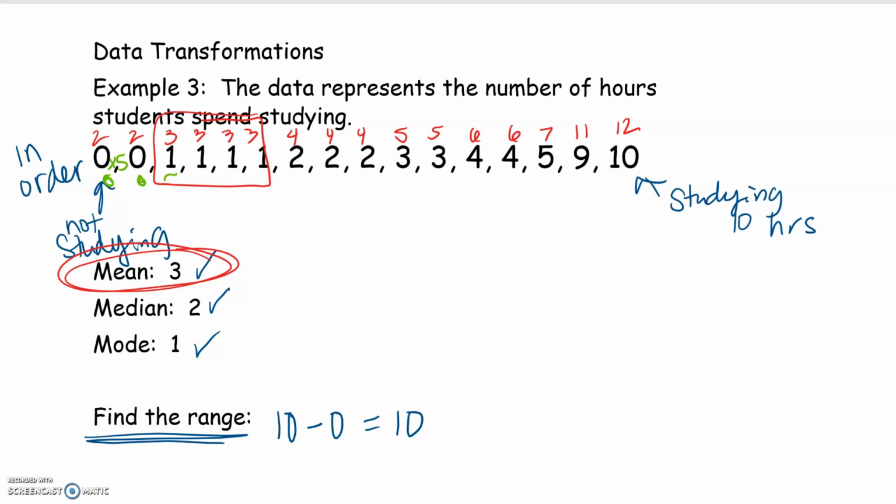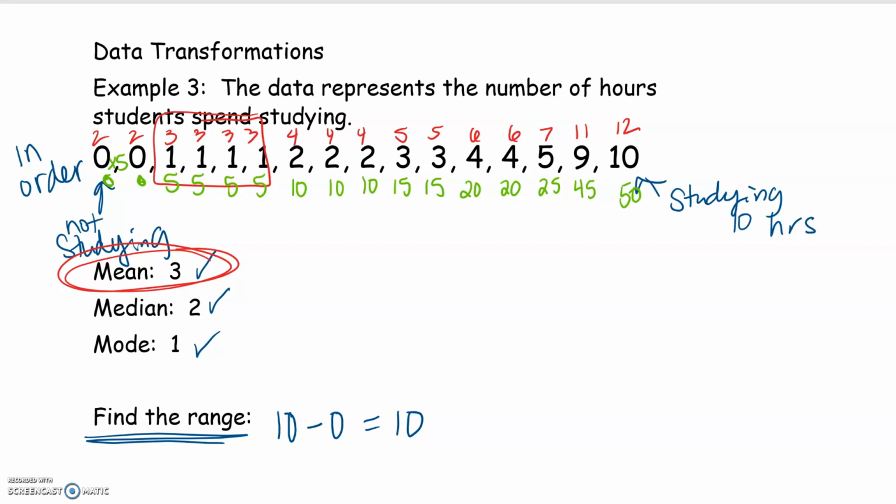These are all 5s now. 2 times 5, these are all 10s. 3 times 5, I have 15. 4 times 5, I have 20. 5 times 5, 25. 9 times 5, 45. 10 times 5, 50. So there's my new list of numbers.